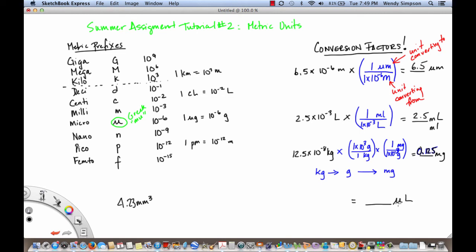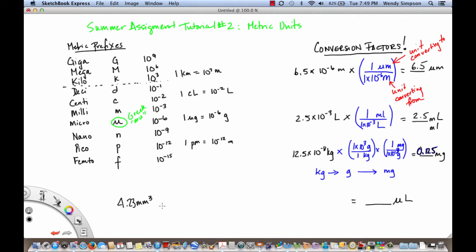Okay, there's my Greek letter mu, microliters. So I have a cube there. So what this means is millimeters cubed is a unit of volume. And we know that liters is a unit of volume, so microliters is a unit of volume.